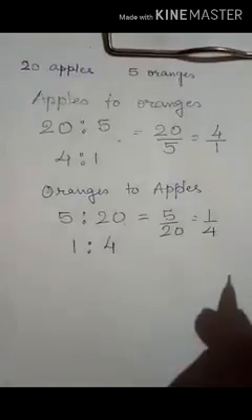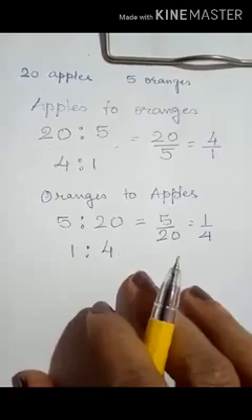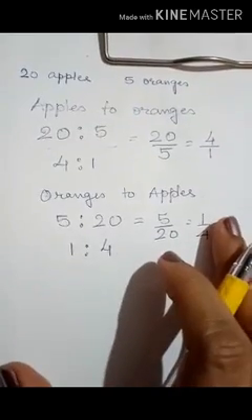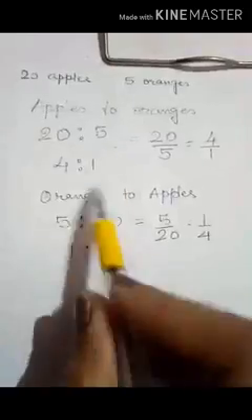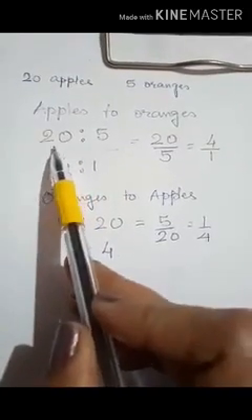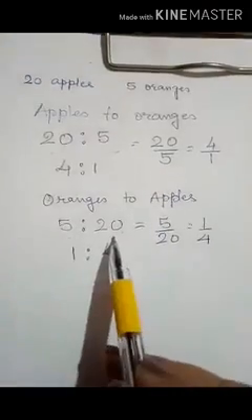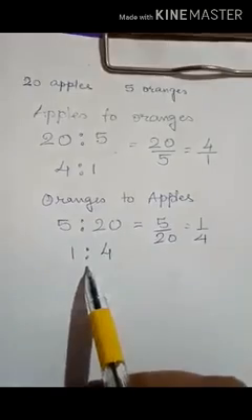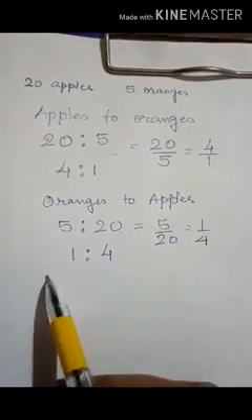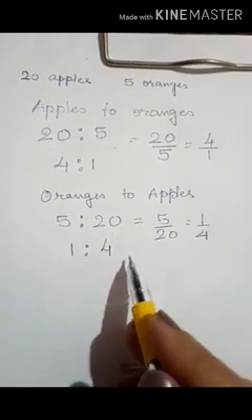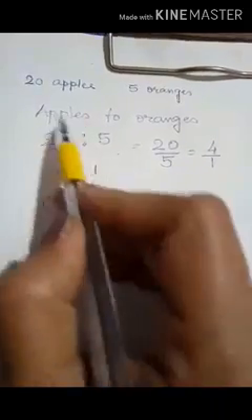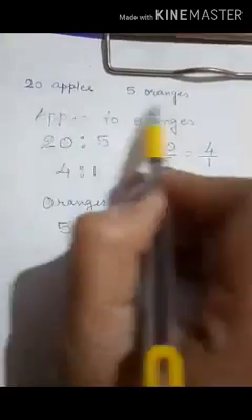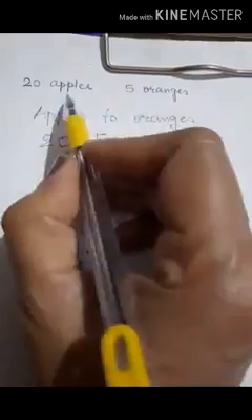Now to find the percentage, you have to multiply by 100. But remember, here we found the ratio of apples to oranges or oranges to apples. We can also find the ratio of numbers compared to the total number. Then the ratio will change. Like, how many fruits are there in total?